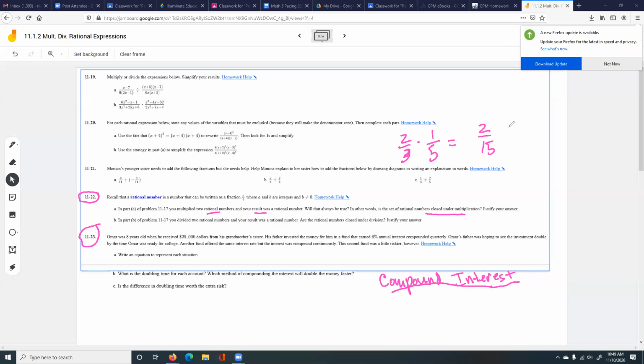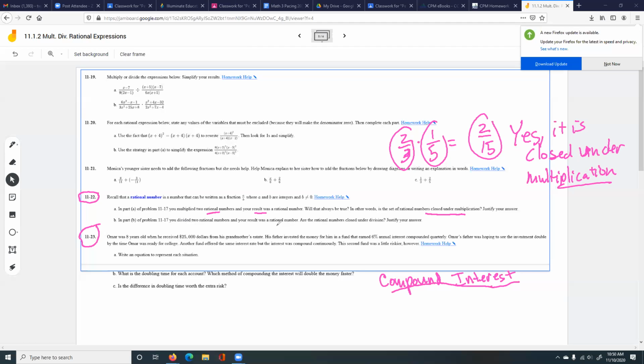And whole numbers count as fractions too. So even if you get a whole number, you can make it into a fraction. So we say, yes, it is closed under multiplication. Closed means you're going to get the same thing. If I have rational times rational, I'm going to end up with rational. So yes, rational numbers are closed under multiplication.